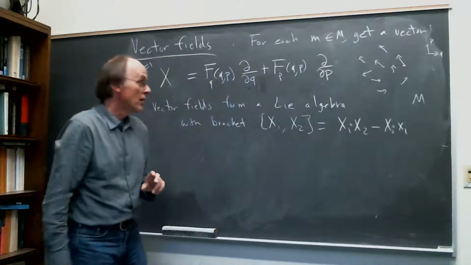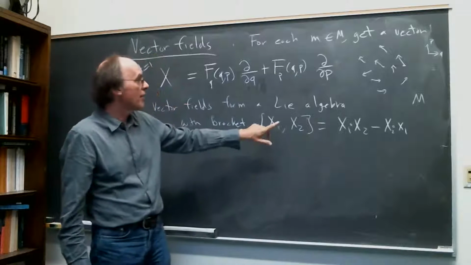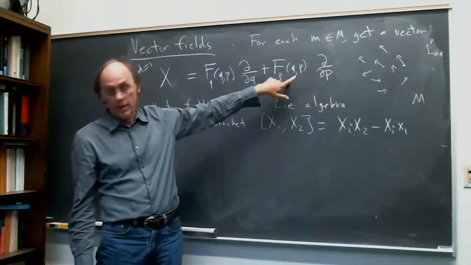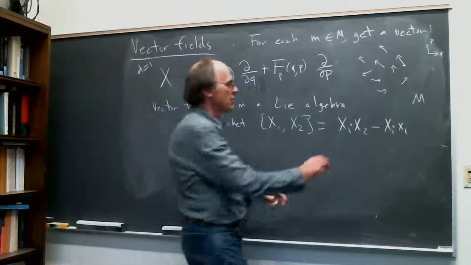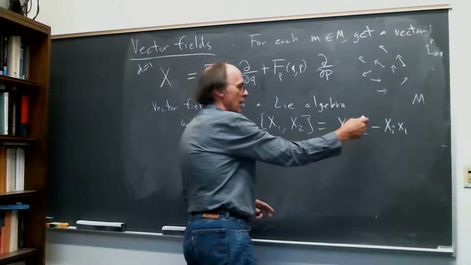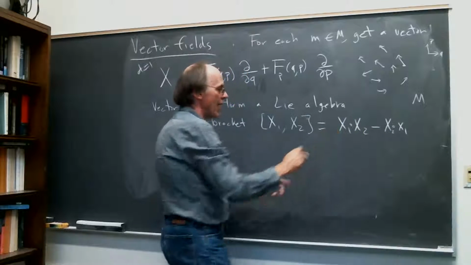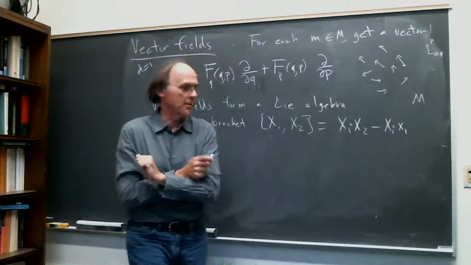So the way this subject works is that if you've got some kind of vector field, what you do is you act with the second vector field first on functions, then act with the first vector field, and then subtract what happens if you do the opposite.